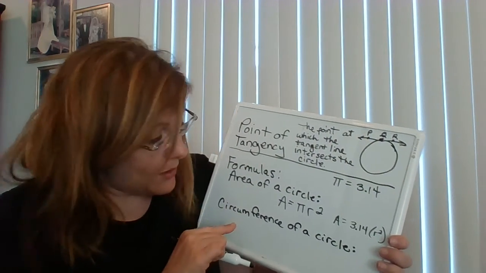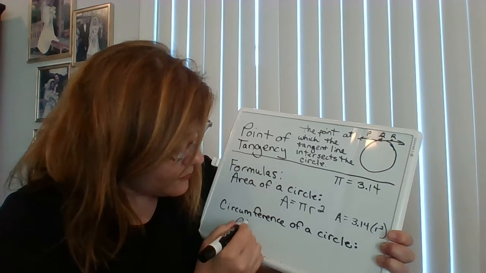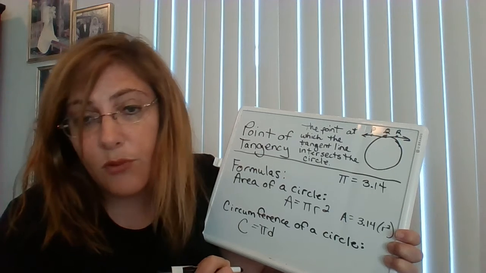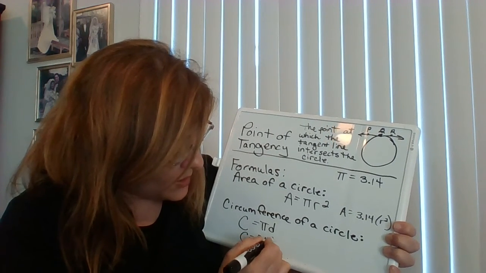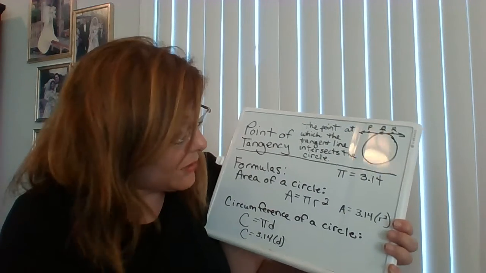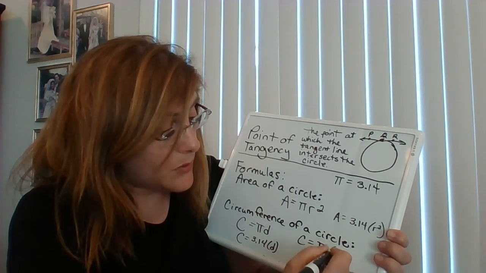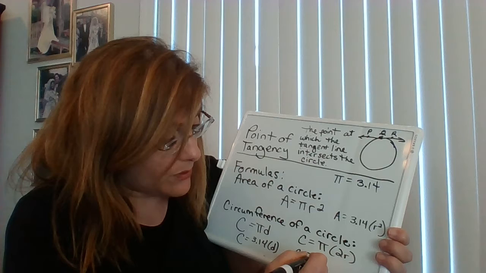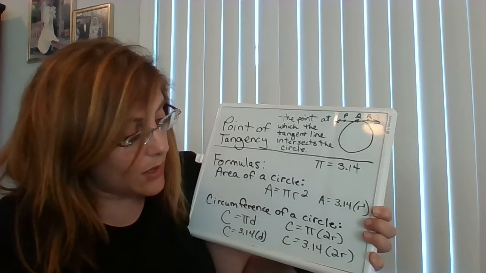Now, the circumference of a circle, which I'll use with C, equals pi times the diameter, or you could use C equals 3.14 times the diameter, or you could write C equals pi times 2r, or C equals 3.14 times 2r.